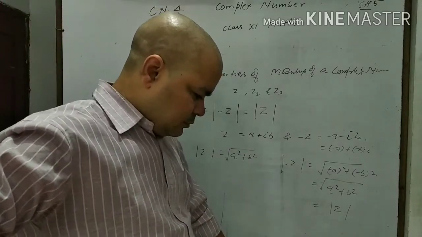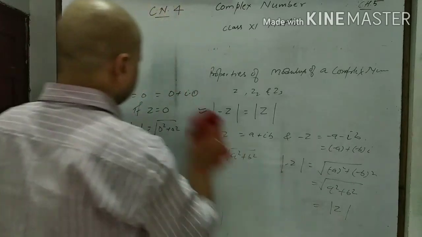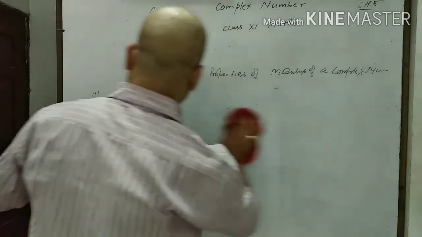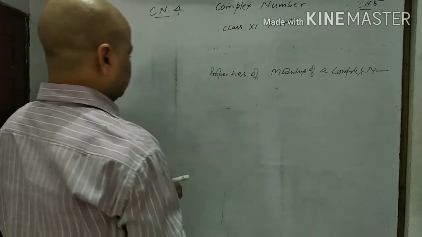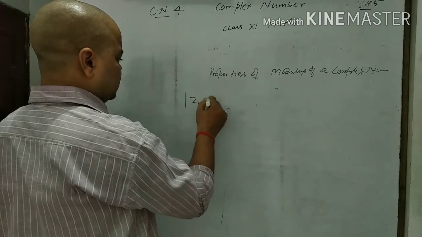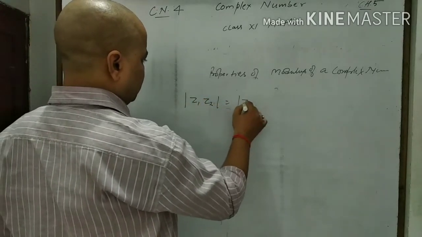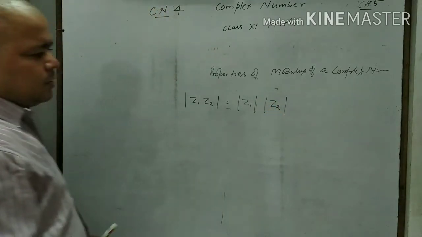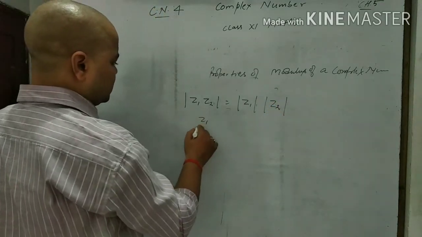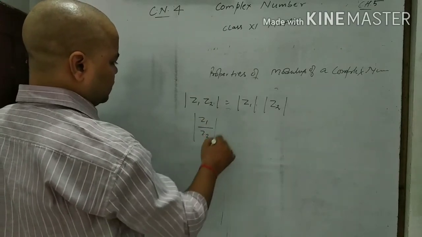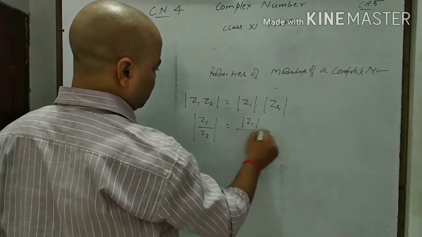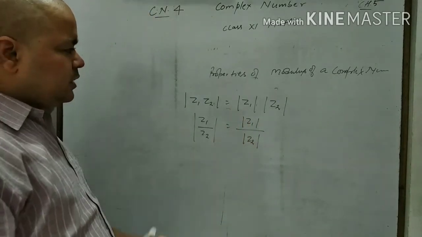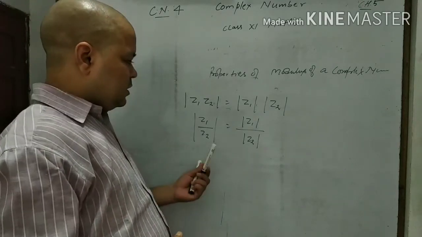Okay. Similarly, if we have two complex numbers z1 and z2, then the modulus of the multiplication of these two complex numbers is equal to the modulus of z1 into the modulus of z2. And for z1 upon z2, the modulus value will be the modulus of z1 upon the modulus of z2, and we can verify it also very simply.